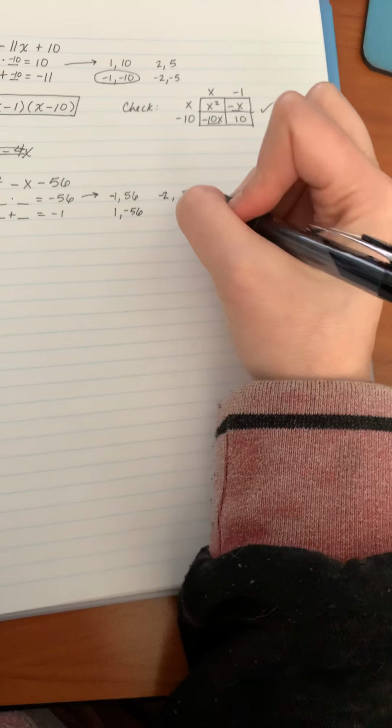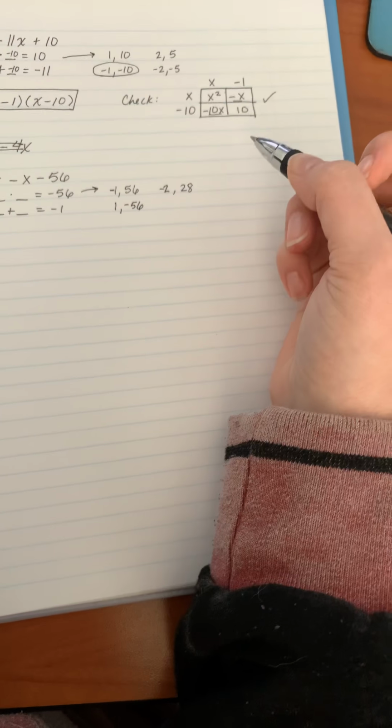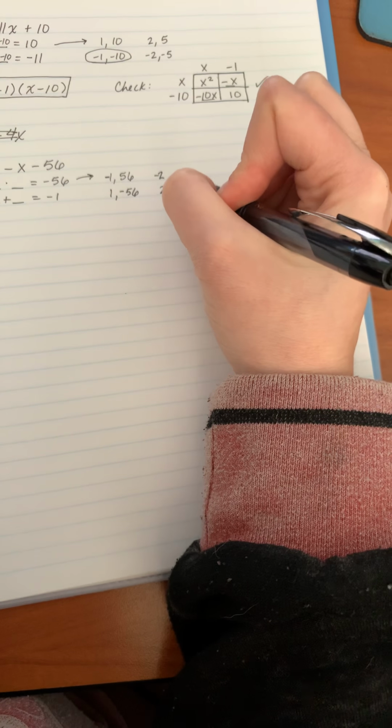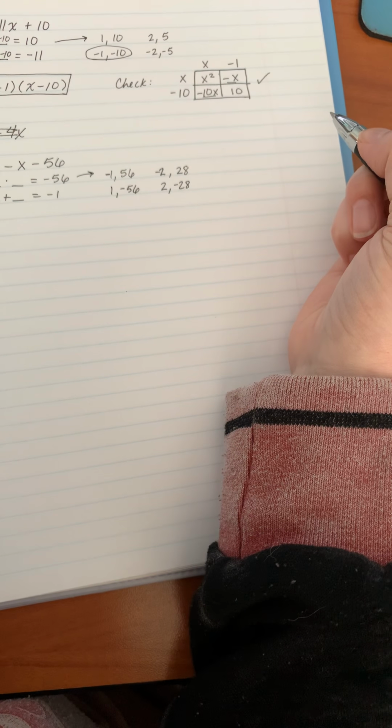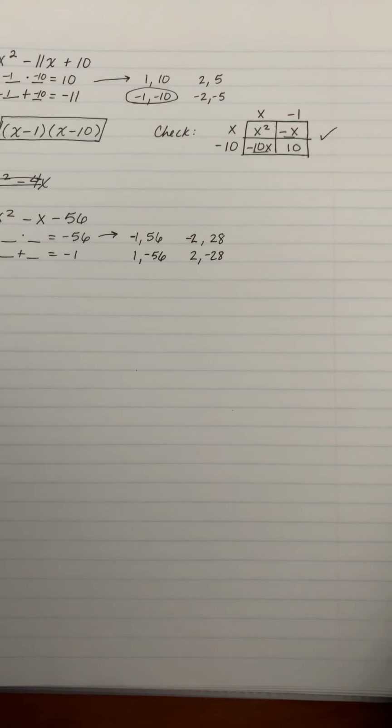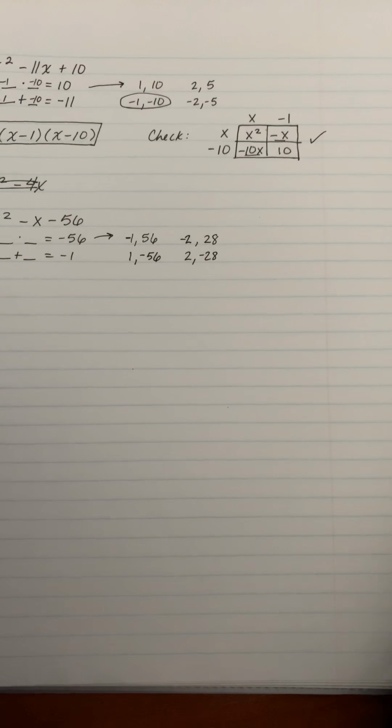Negative 2, and let's see, that's 25, 28. And then 2 and negative 28. Okay. Let's see. All right, where's my calculator? Pull up my calculator really quickly on my computer.